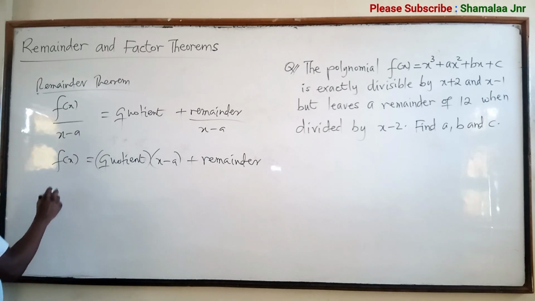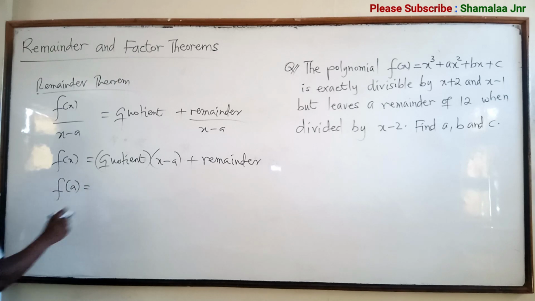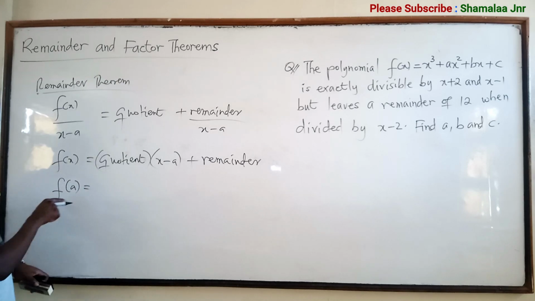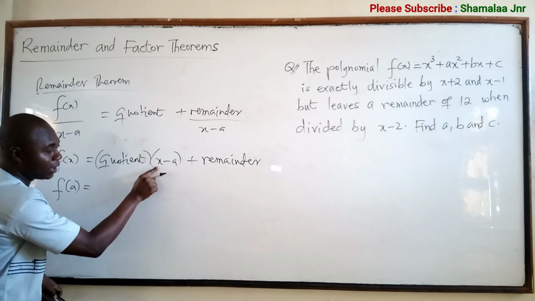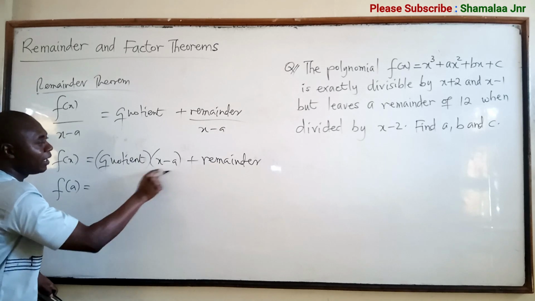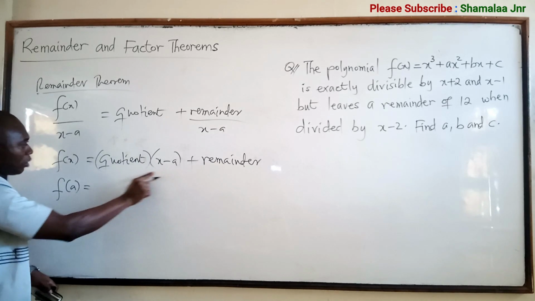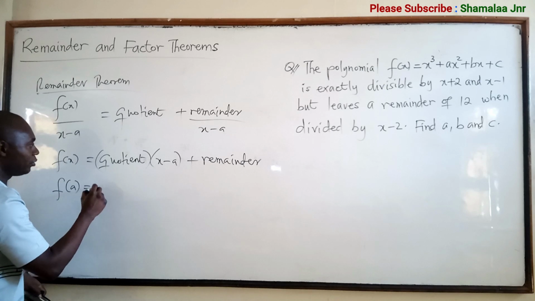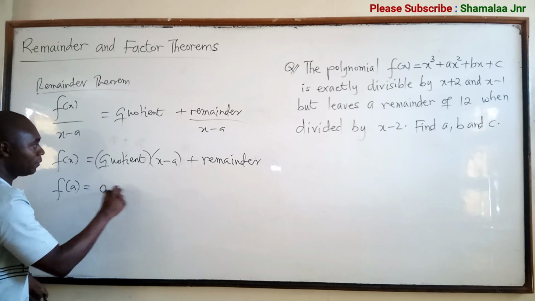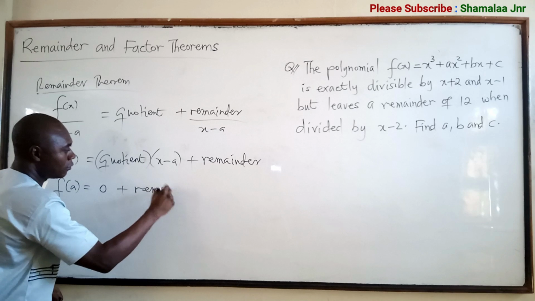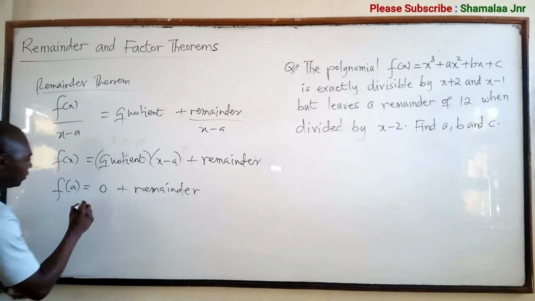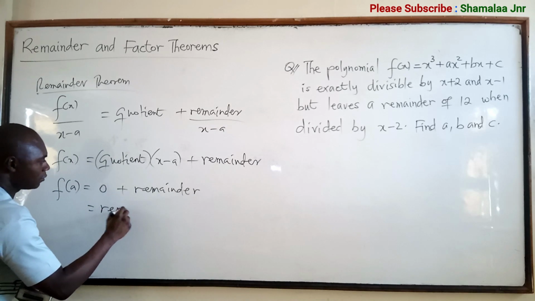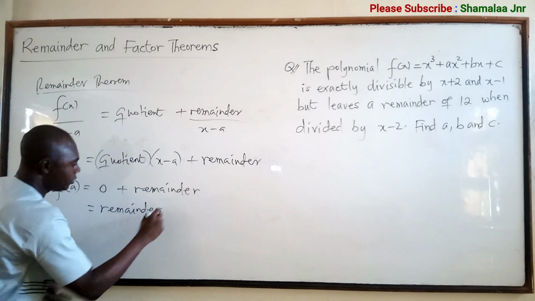Now, viewers, look on the board. If you find f of a, that is, in place of x you put a, then this one will be a minus a, and a minus a is 0. So it will cause the whole of this to go to 0, and you are going to have 0 plus remainder, which is equal to remainder.